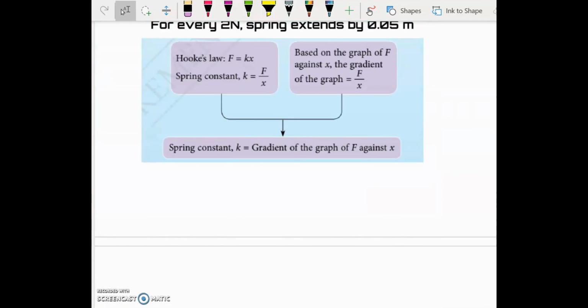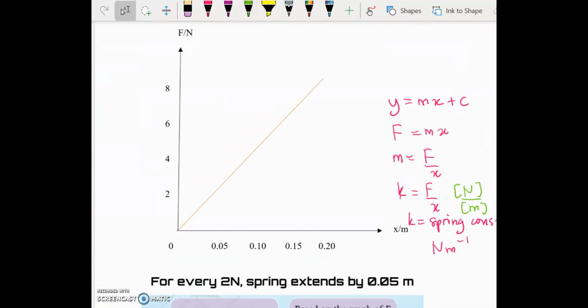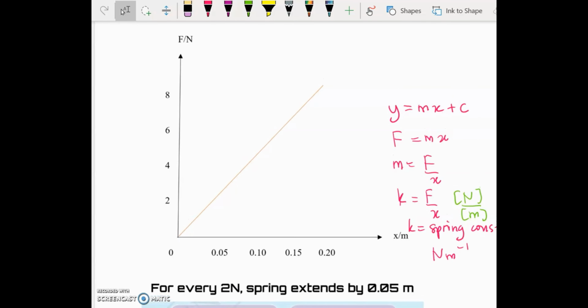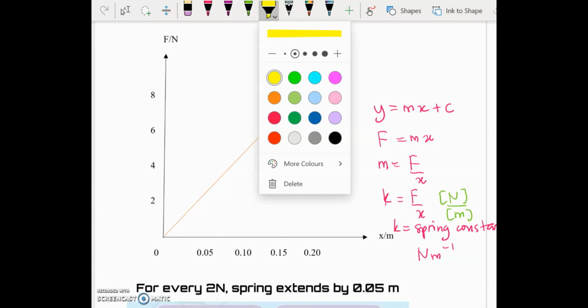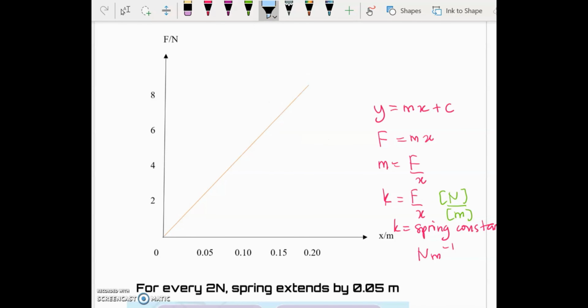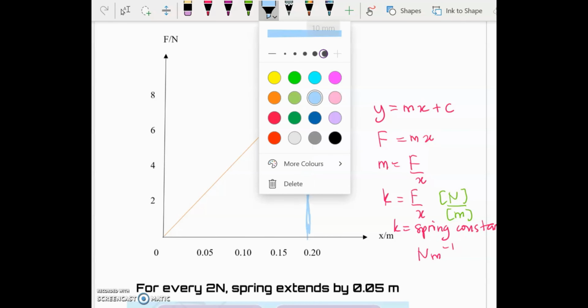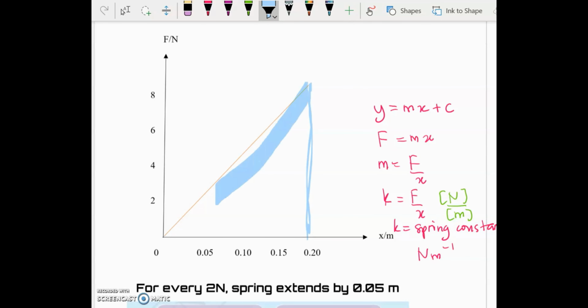The other information that we can obtain from the graph here is the elastic potential energy of the spring. To find the elastic potential energy of the spring, we only need to find the area under the graph. Here is the area under the graph that I am highlighting using blue highlighter.